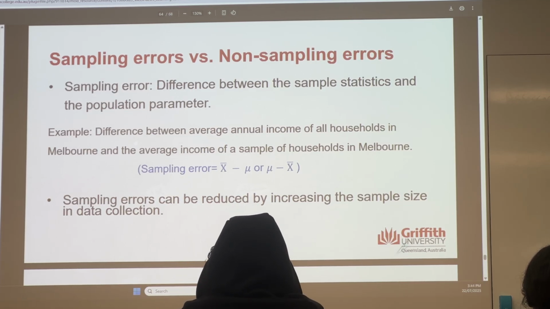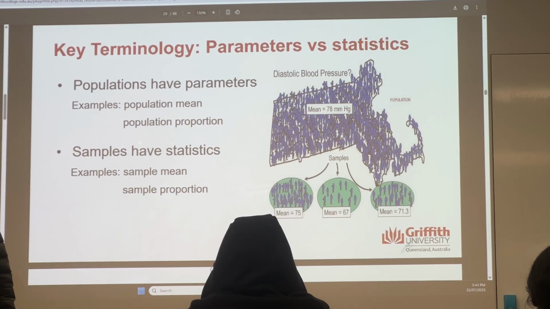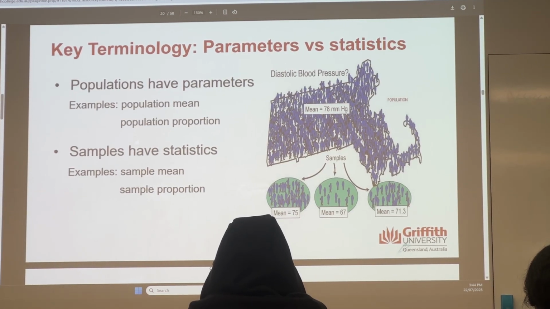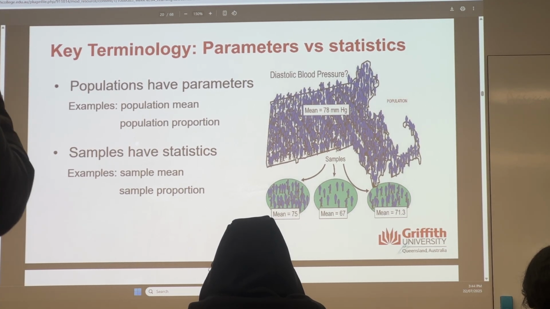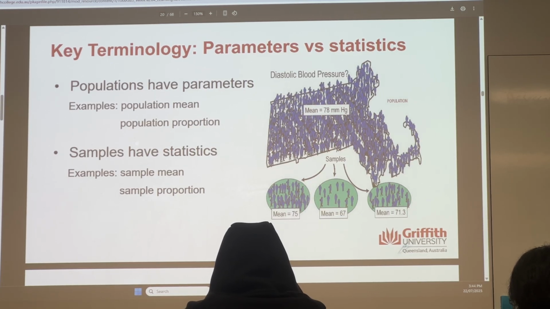So for example, this one, what is the population mean? 78, right? But if you take a sample, the sample mean is 75. Suppose that you take a sample and you say the blood pressure is 75, and somebody else takes a sample and says blood pressure is 67.